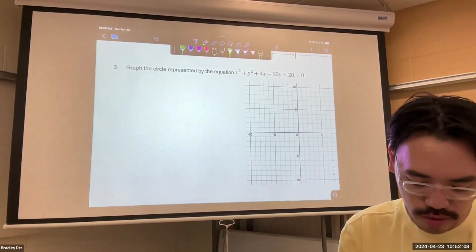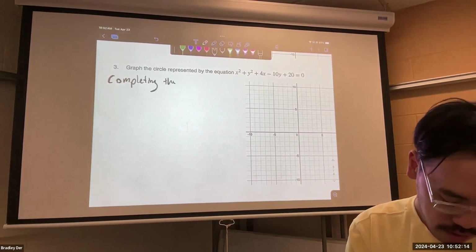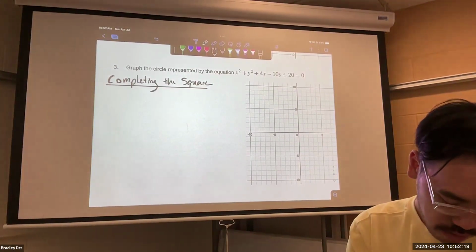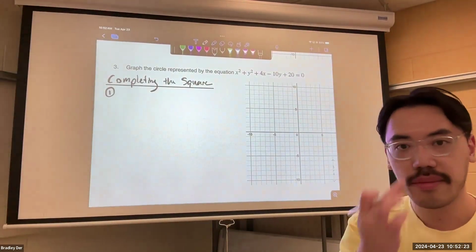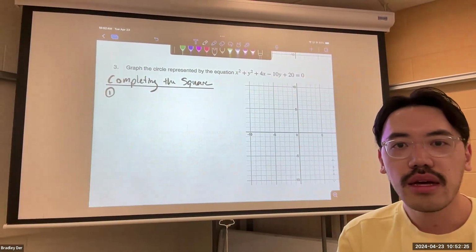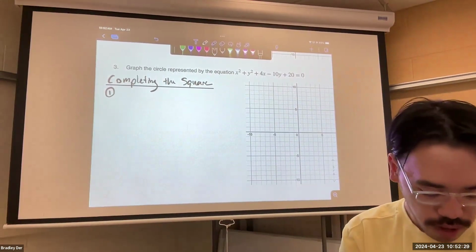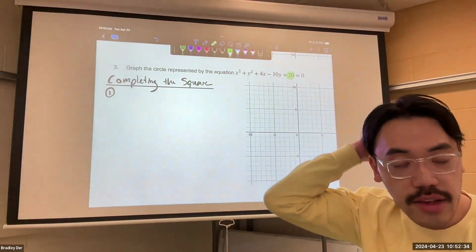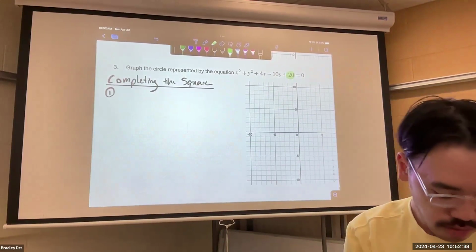Here are the steps to completing the square. We're gonna do a process called completing the square. All right, number 1: move the constant from the left to the right. By constant, I mean literally the term that has no variables attached. It's just the number 20, a constant value because there's no variable attached.